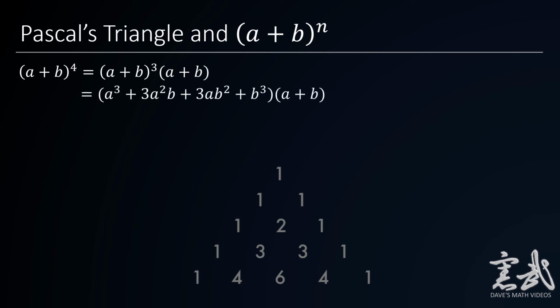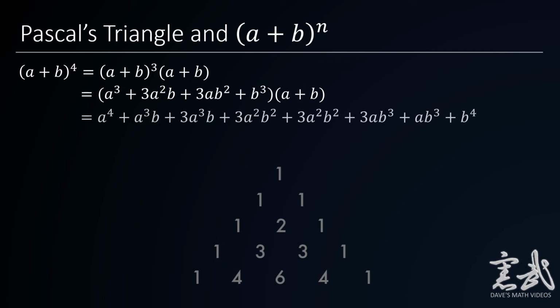If we multiply each term in the first factor by each term in the second factor, we get a^4 + a^3b + 3a^3b + 3a^2b^2 + 3a^2b^2 + 3ab^3 + ab^3 + b^4.